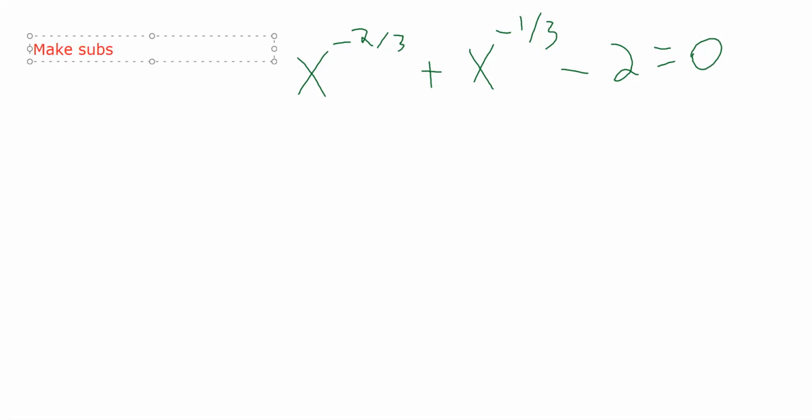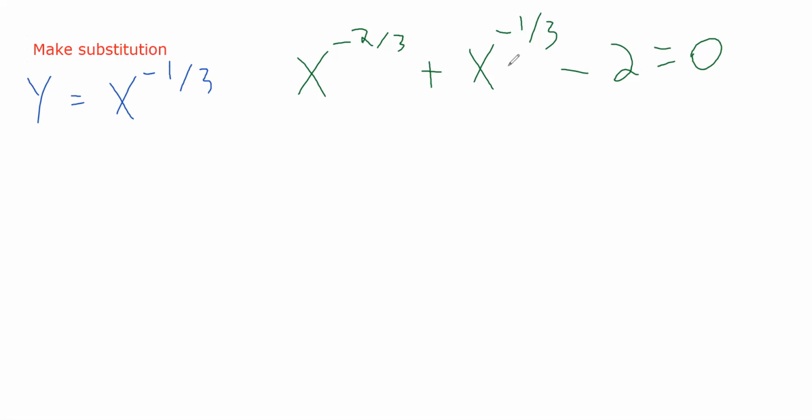So it can be hard to see this, but the substitution we're going to want to make, and we'll ask for permission instead of forgiveness in this one, we're going to let y be x to the negative 1/3 power. And let's see why that makes sense.